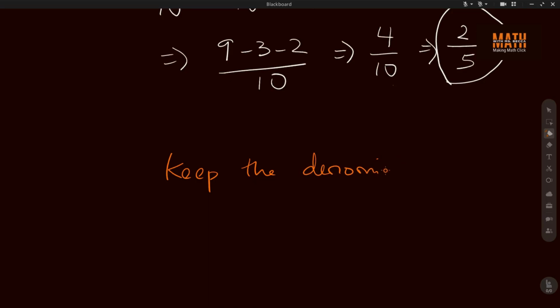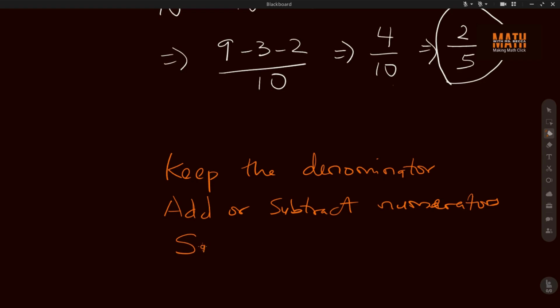Then the next thing you will do is add or subtract the numerators, and then you simplify if needed. You simplify, and if you get an improper fraction, you change it to a mixed fraction.